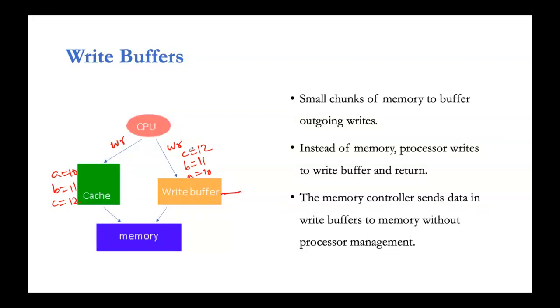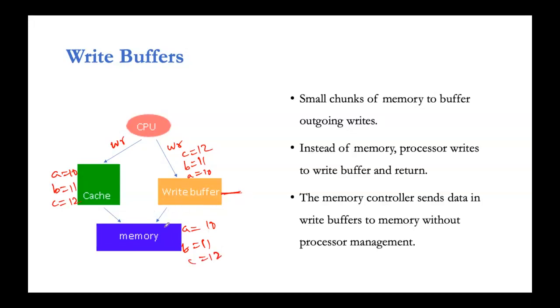Once the CPU writes in the write buffer, the processor control goes to execute other operations, but the memory controller will manage to update these values, writing A equal to 10, B equal to 11, and C equal to 12 back to the main memory from the write buffer.